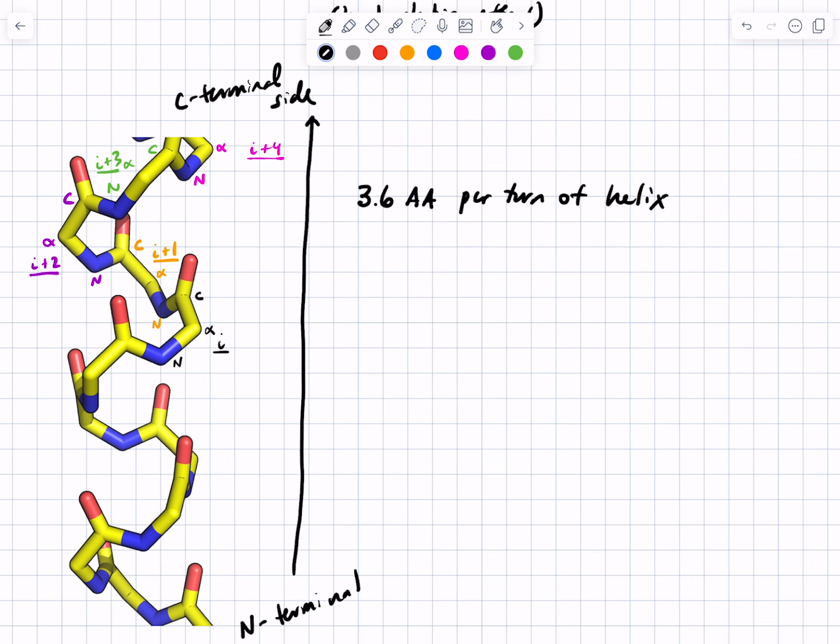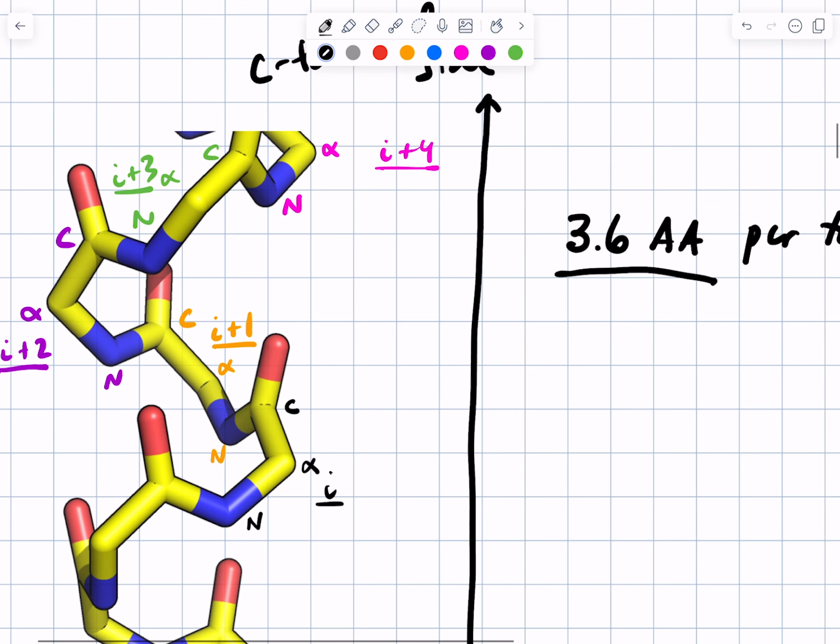Another key feature of the alpha helix, the thing that really makes it 3.5 to 3.6 amino acids per turn, is that the alpha helix has hydrogen bonds between the NH at the I+4 position and the CO at the I position. And you can see this all the way down.